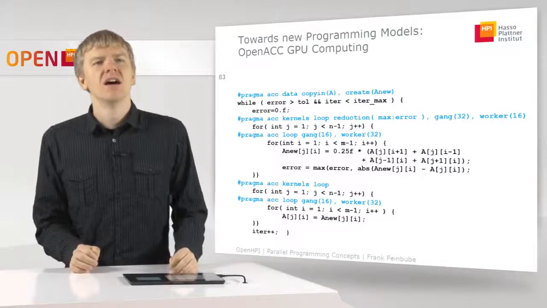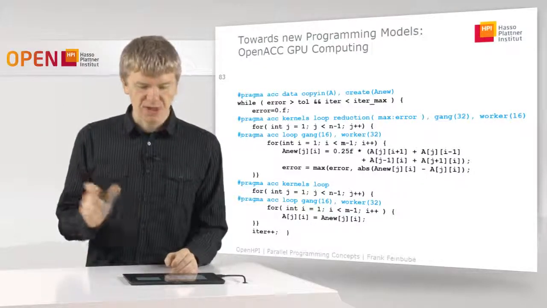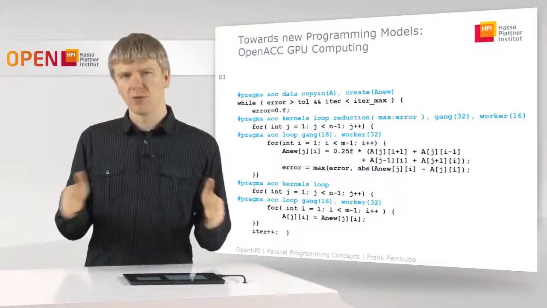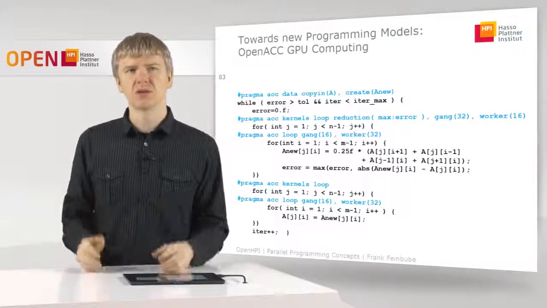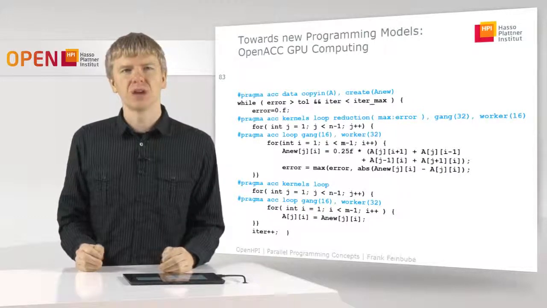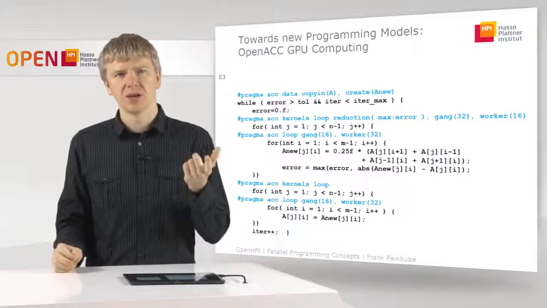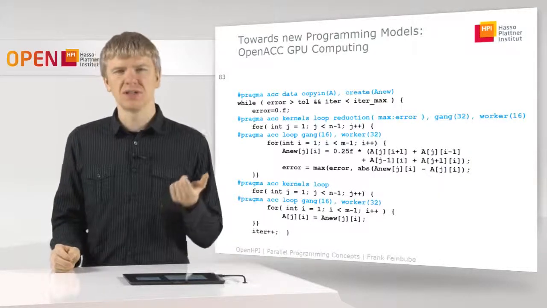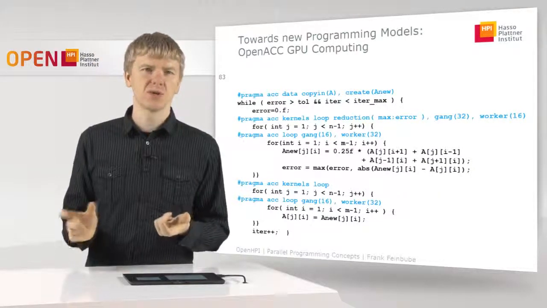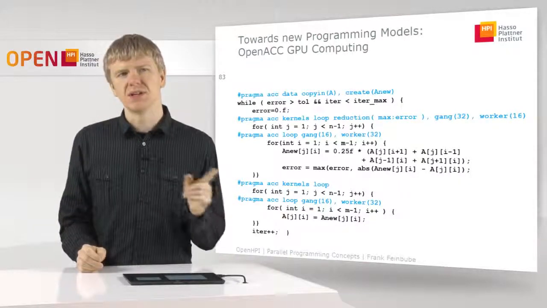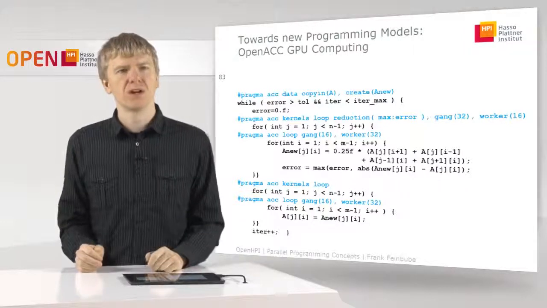And then you can also say with the gang and worker keywords how big the work groups should be, how many workers should be in a work group, and how much work you have all in all. So here this would mean I have 32 work groups and 16 workers in each work group in the first case, and in the second case you would have 16 work groups and 32 workers in each work group.